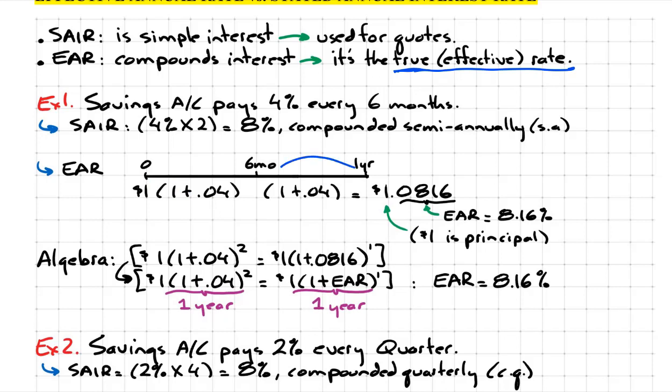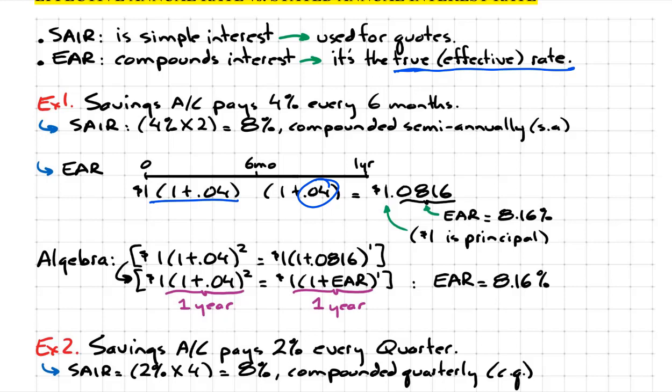But then in the second 6 month period, when they once again pay you 4%, now they're paying you 4% on the 4 cents. And that is what compounding means. So in the second 6 month period, you're earning 4% on the 4 cents you earned in the first 6 month period.